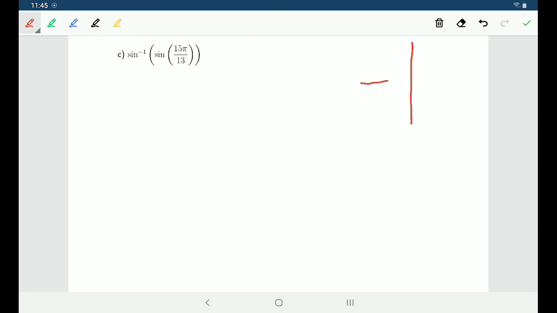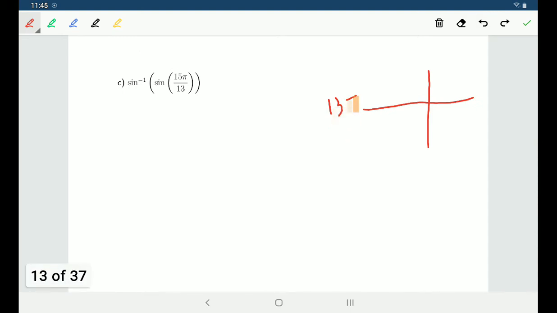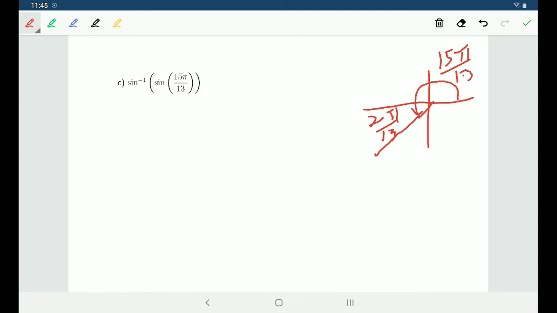If I'm thinking about pi, that negative side of the x-axis, that would be the same thing as 13 pi over 13, which means that the 15 pi over 13 we're looking at must be 2 pi over 13 past the x-axis. So here's my angle of 15 pi over 13. 13 pi over 13 takes me to the x-axis, and 2 pi over 13 takes me to that terminal side.